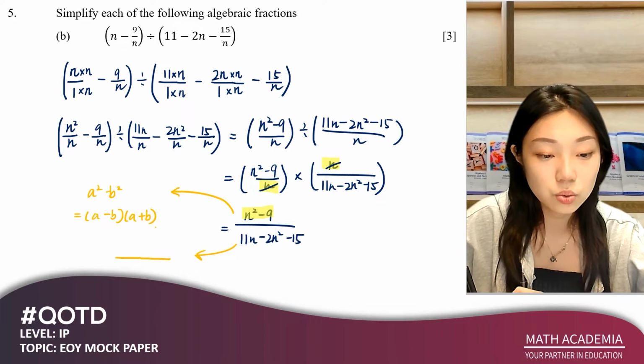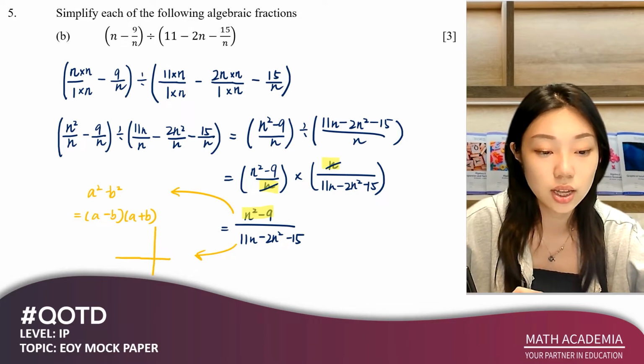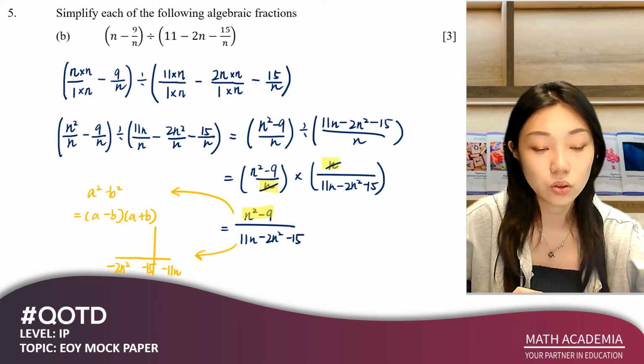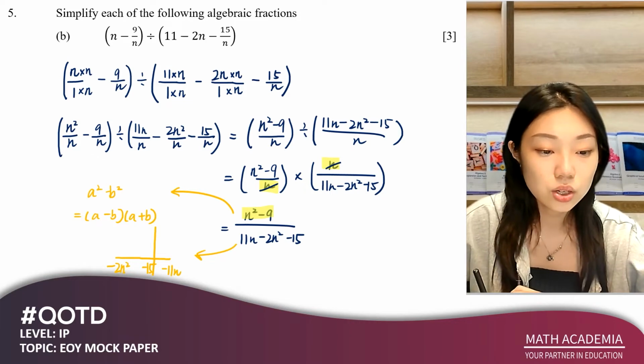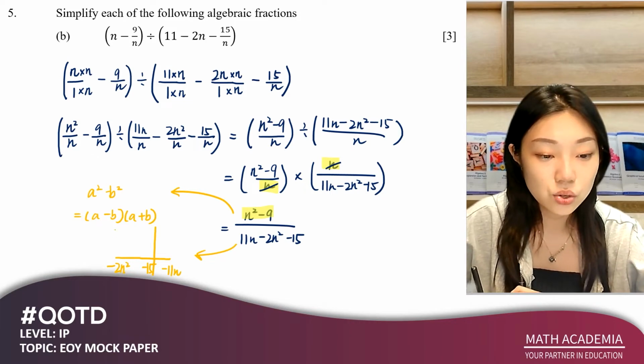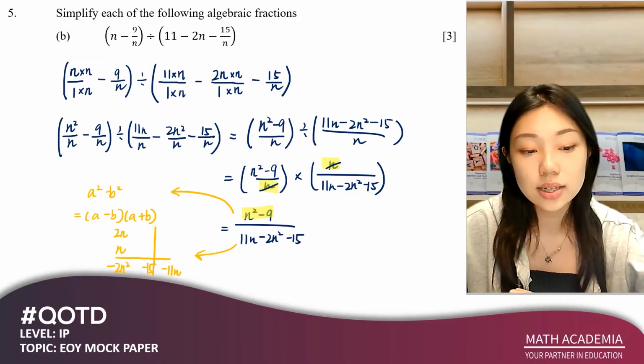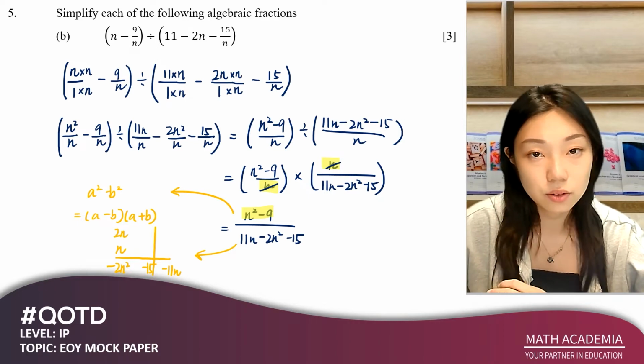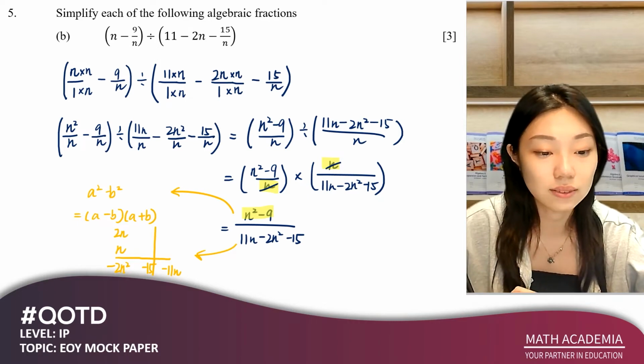Okay, so let's do a cross factorization over here. I have negative 2n squared, I have negative 15 and negative 11n. Okay, so I'll split this as 2n and n. I want a difference or an addition of 11n.